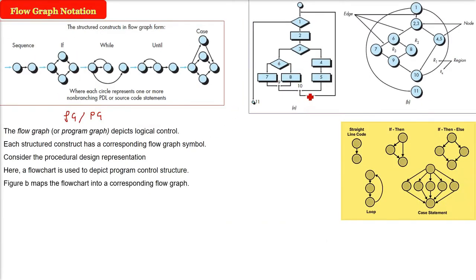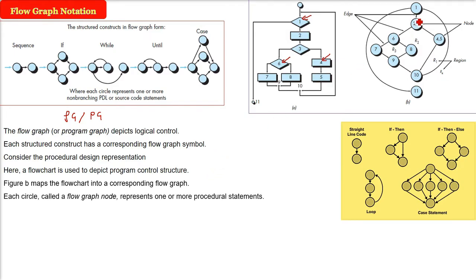So in a flow chart, why not convert it into something more understandable? And this is the flow graph. We will be converting this flow chart into the corresponding flow graph. Well, we can use the flow chart also, but it is better that flow graph notation will be used, because you will see what we are going to do here.